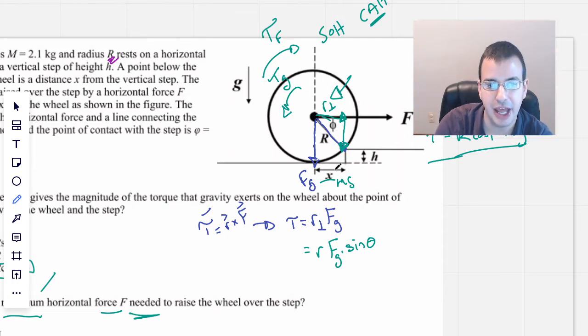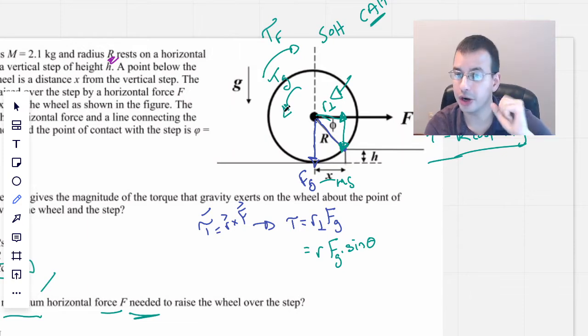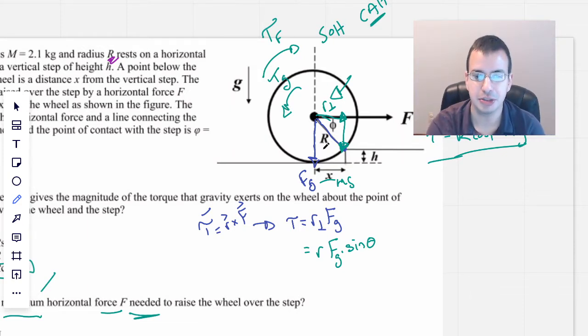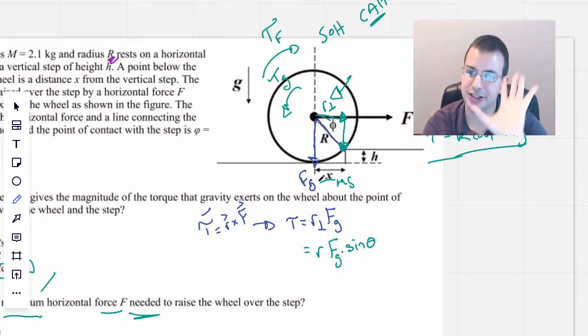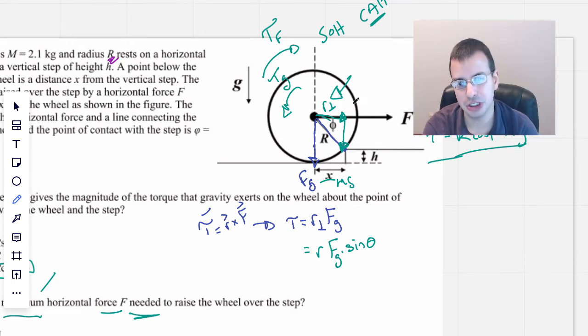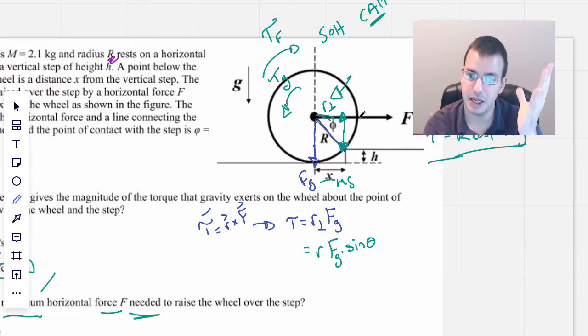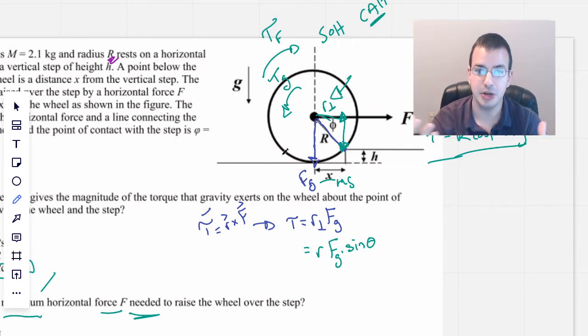The wheel is not moving right now, with torque F being small, because it's basically resting on the ground. The ground is providing some normal force. But as we push, this force gets bigger, and the normal force holding up the wheel diminishes.